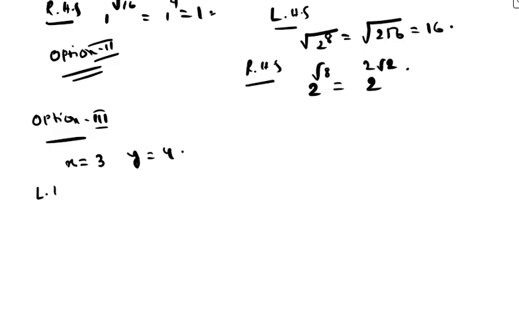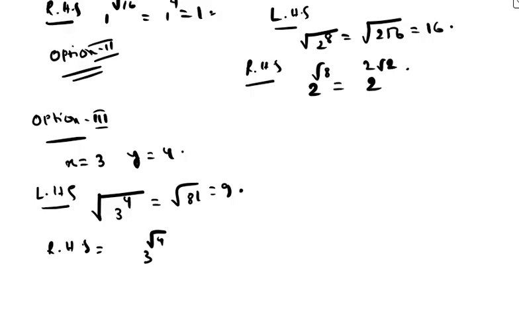Check LHS: root of 3 to the power 4, that is root 81, that is 9, and RHS: 3 to the power root 4, that is 3 squared, which is equal to 9. So equal, and option 3 is not a counterexample. So the final answer for this question is option 2.